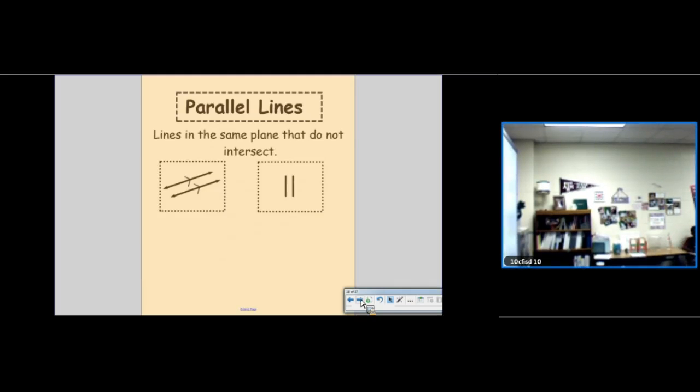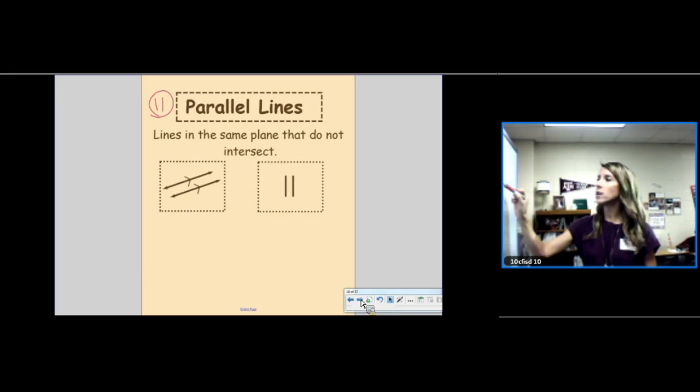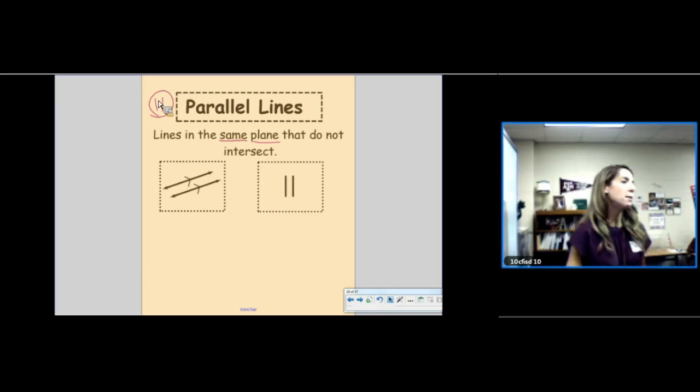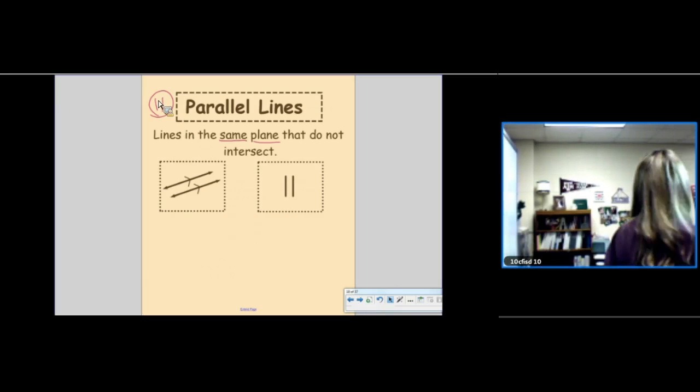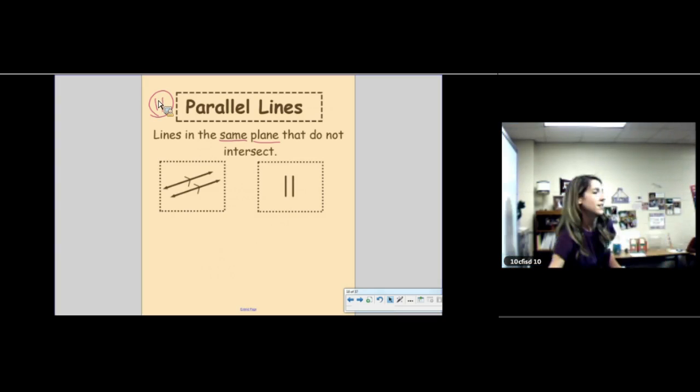Back to your notes. What number is this? Number 11, parallel lines. It's important that parallel lines are in the same plane. I would underline that or highlight it with your marker. Who can tell me another word for same plane?